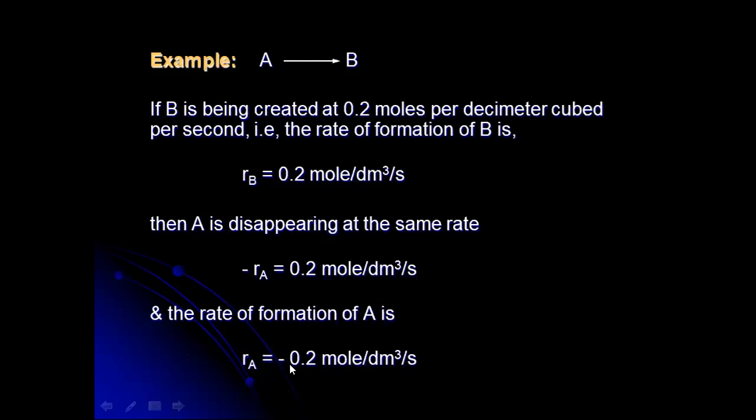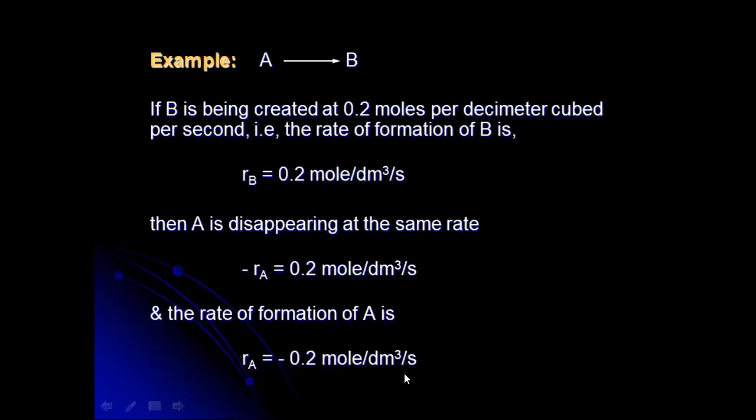So it's negative 0.2 mole per decimeter cube per second. Notice also that since it's the rate of formation, the R here, as I have said a while ago, is positive, because if it's being formed, the rate expression is positive. If it's being consumed or if it disappears, it's negative. So now you have R sub A equal to negative 0.2 mole per decimeter cube per second.